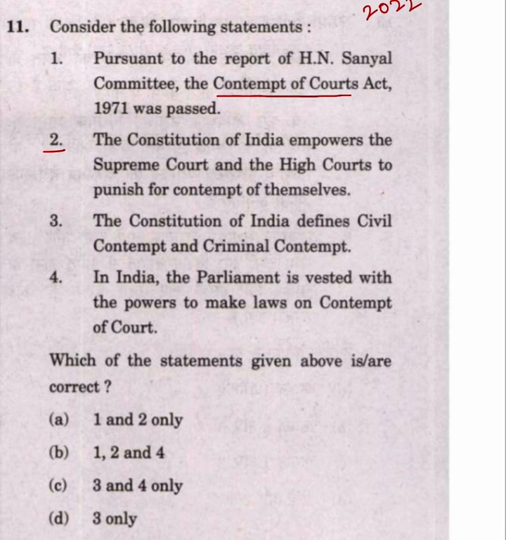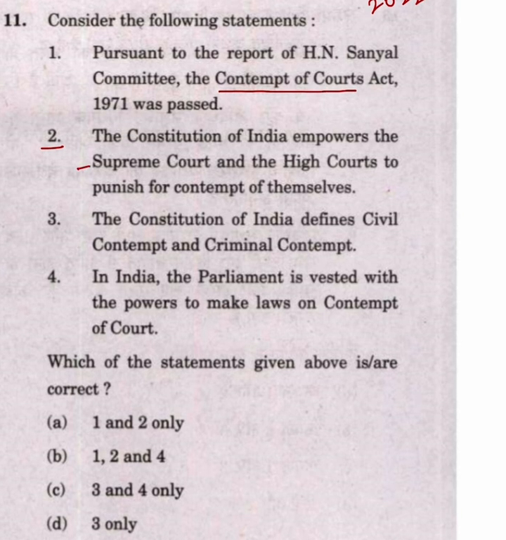Here UPSC has asked about the power of court to punish for contempt of itself. Supreme Court is empowered via Article 129 to punish for contempt of itself, and High Courts are also empowered by the Constitution of India through Article 215. If we have that level of constitutional knowledge, this question becomes very easy for us to solve.